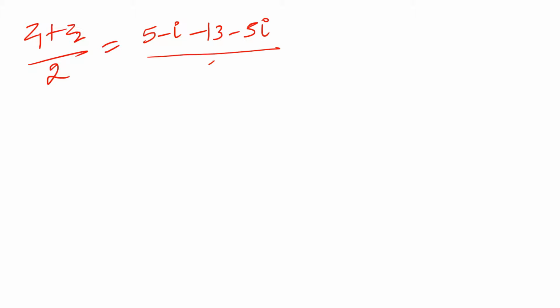Now if we transform this equation in terms of coordinate geometry, then you can clearly see the coordinates of the center for this second circle will be (5 minus iota minus 13 minus 5 iota) divided by 2, or the center comes out to be (minus 8 minus 6 iota) divided by 2, or minus 4 minus 3 iota.